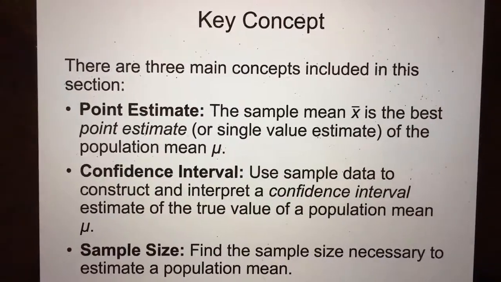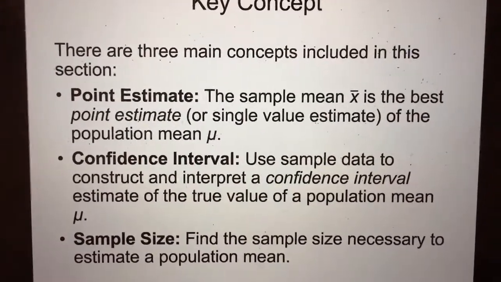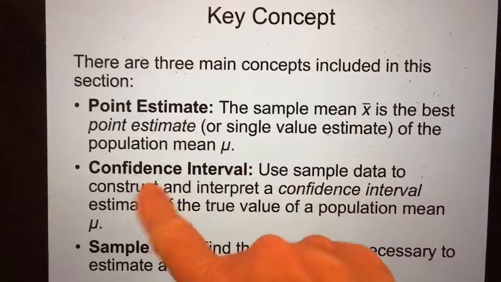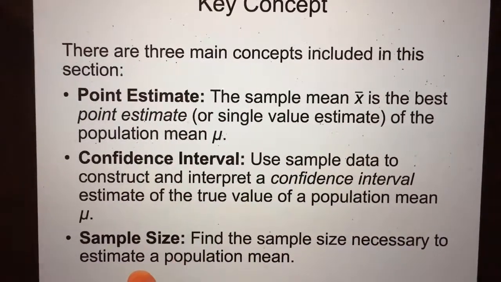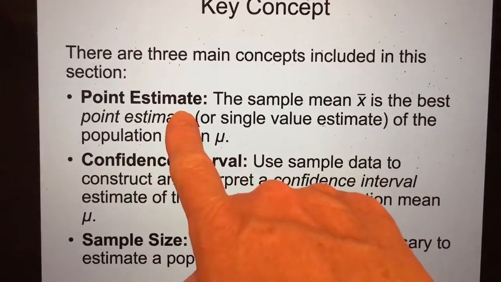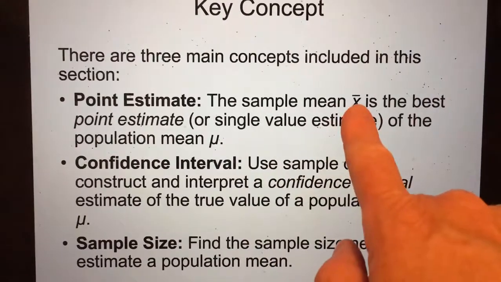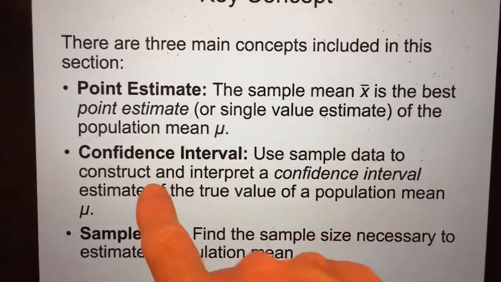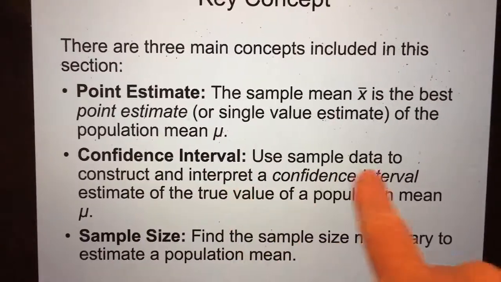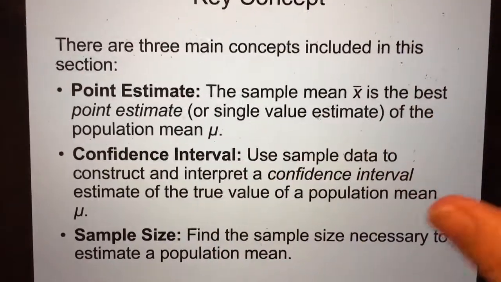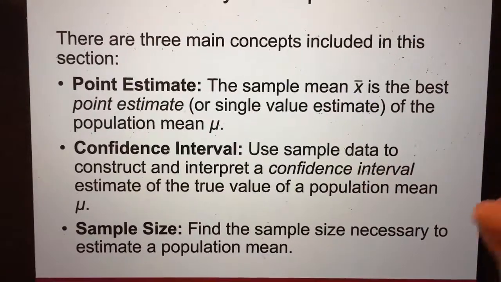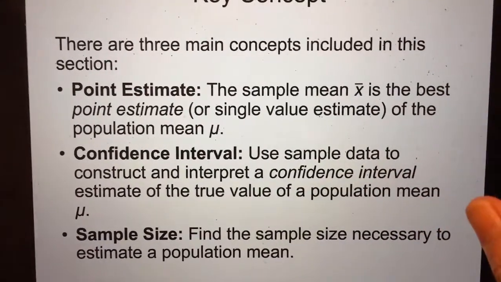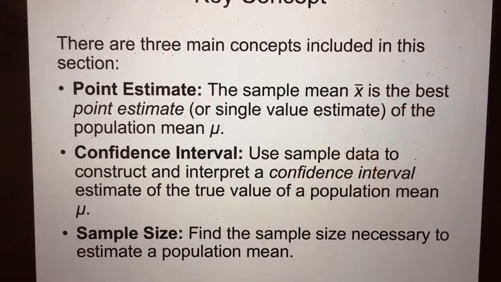Right, so there are three main concepts. Does this look familiar? Remember, we had the same three concepts in 7.1. Finding a point estimate, and the x bar is going to be the best point estimate for the mu. And the confidence interval, we're going to do the confidence interval. It's got the same idea. We're going to go about it just a little bit differently because, again, we're looking for a mean and not a proportion.